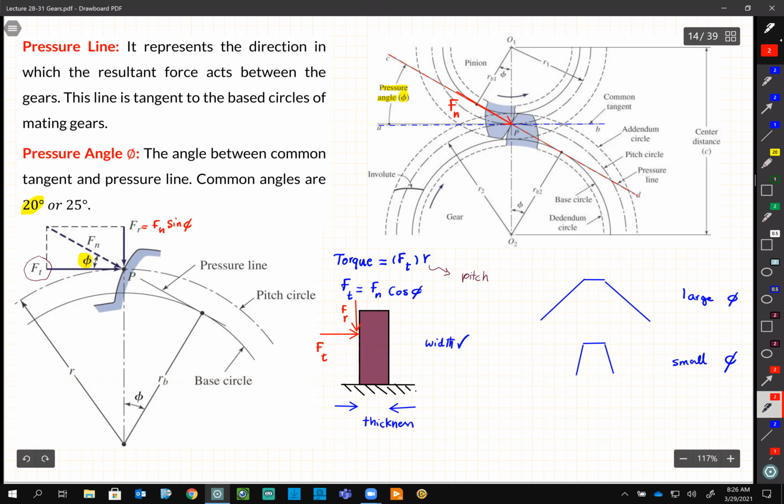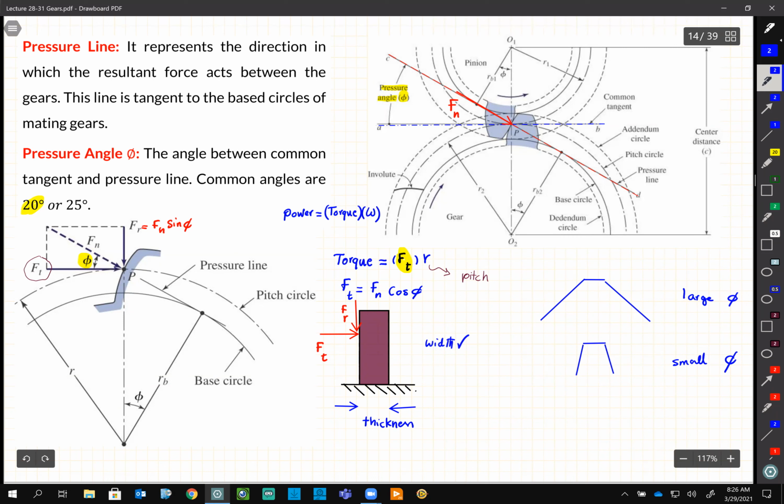So how can you find Ft? Ft is easy to find because you apply a torque, you attach your gear to a motor, so you know the torque or you know the power, and you know the relation between power and torque. Power is equal to torque multiplied by omega, speed.